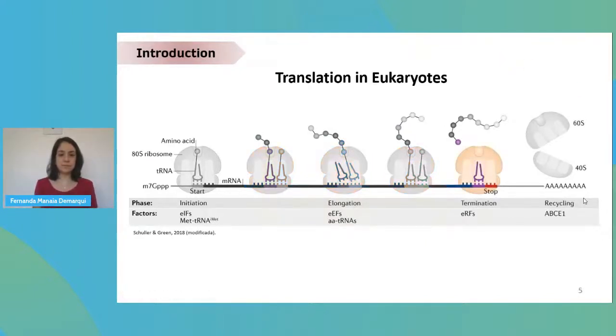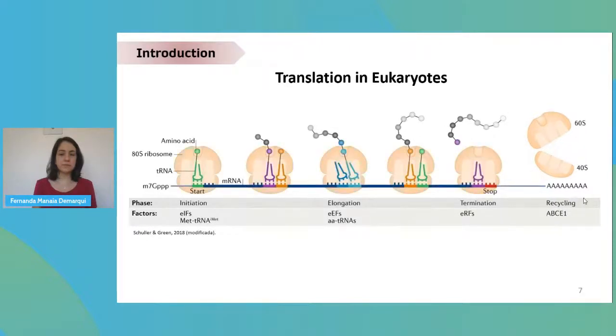Translation is completed when the ribosome encounters a stop codon and releasing factors induce the hydrolysis of the polypeptide. And finally, ribosome recycling induces the separation of subunits for a subsequent translation process.